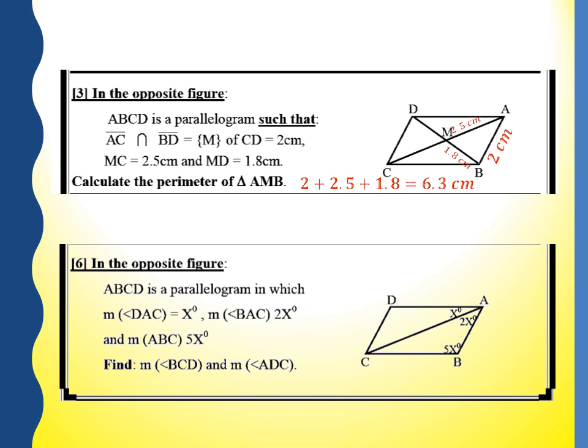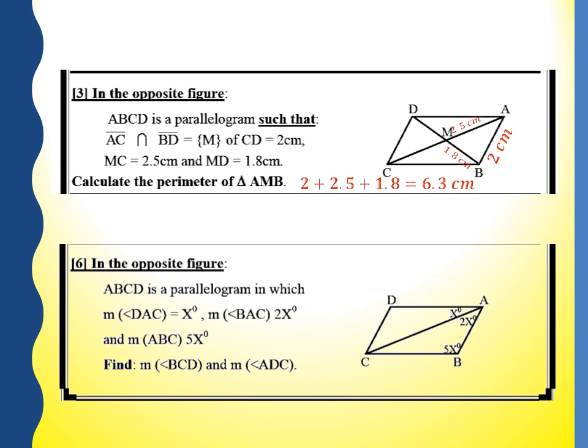The next question. Here I have the measures of the angles in expressions of x. Angle B equals 5x, angle BAC equals x degrees, and angle CAD equals 2x degrees.